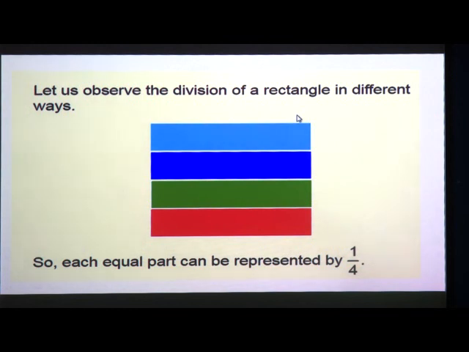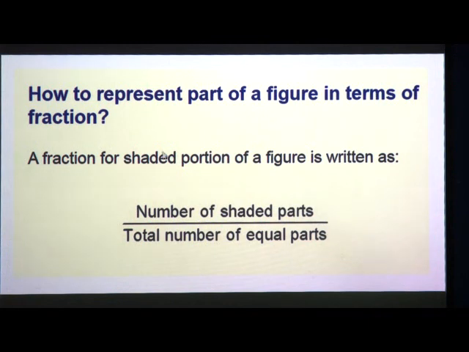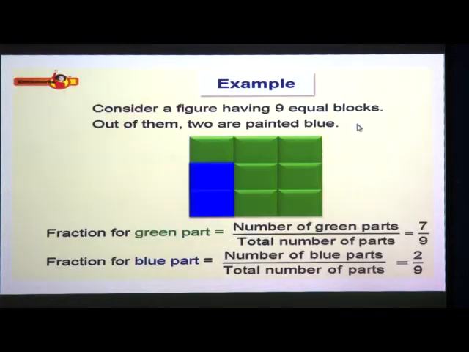We have seen the rectangle divided in different ways, and each equal part can be represented by 1 by 4. Then we have seen how to represent a figure in terms of a fraction. When the blocks are given, the green part can be denoted as 7 by 9 and the blue part as 2 by 9.